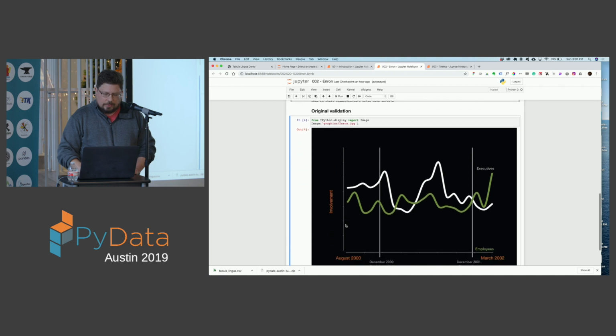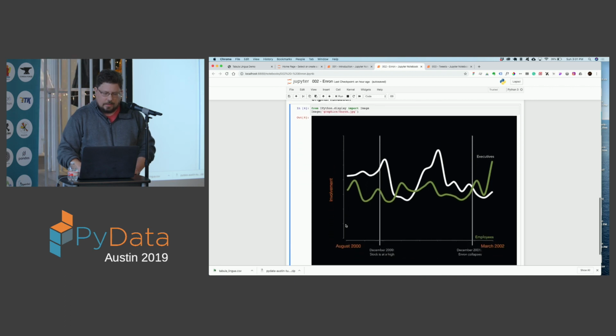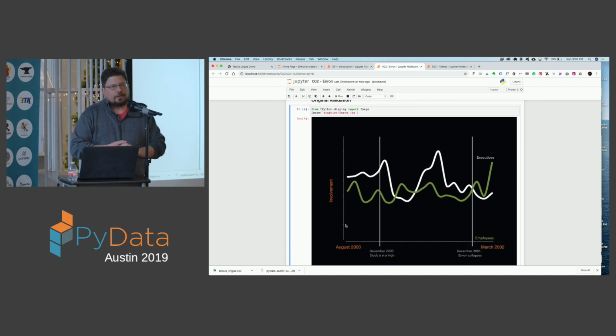One thing to note, the original validation that Manu did when he created this was to take the same Enron set and run a coarse measurement across the whole thing. And this is the aggregate of that measurement, green is the general employees and white is the executives.